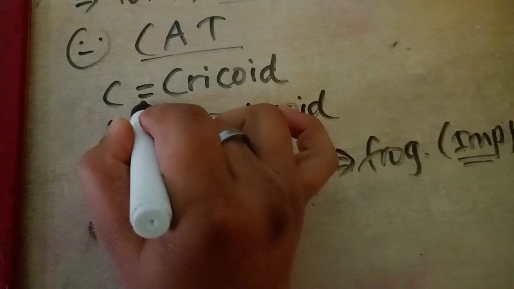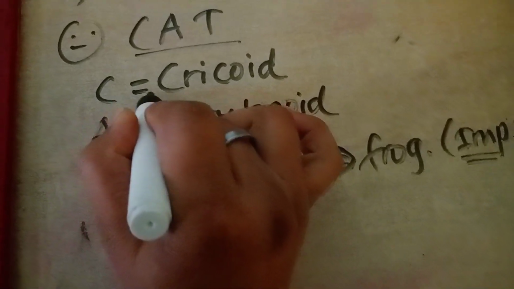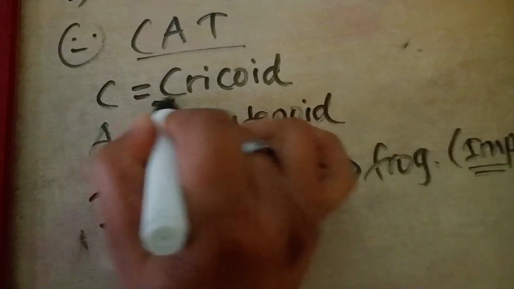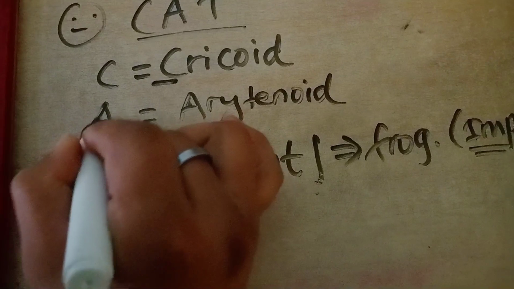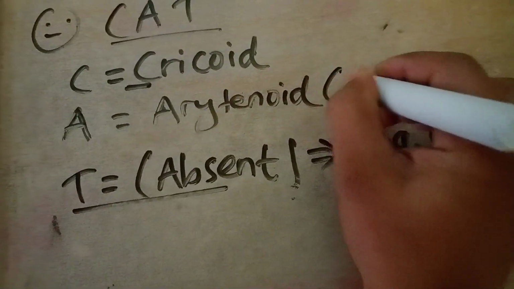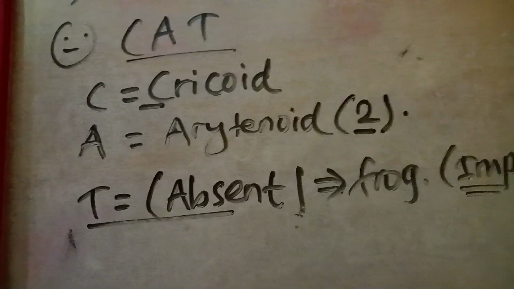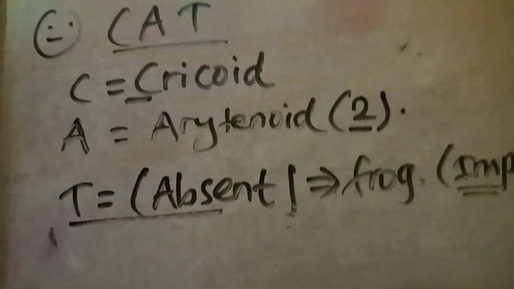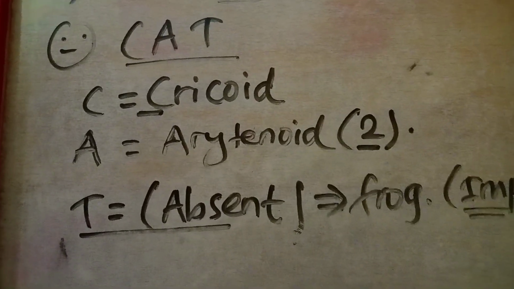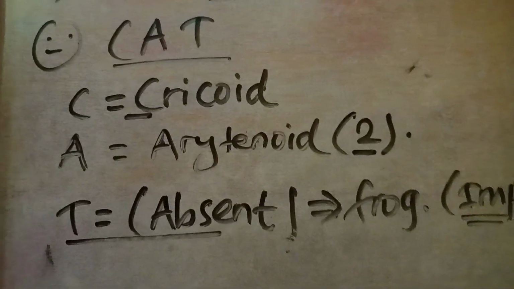In human beings cricoid is unpaired, so in frog also cricoid is unpaired, and arytenoid is paired in frog as well as human. So the cartilage which is paired in human beings, arytenoid, is paired in frog also, and cricoid is unpaired.